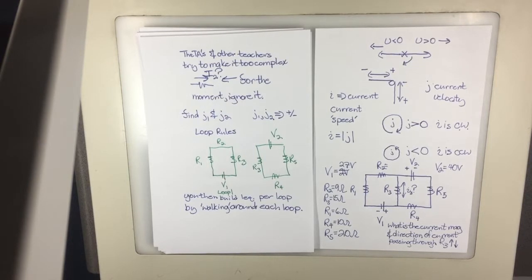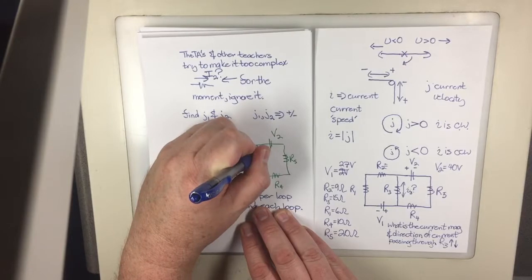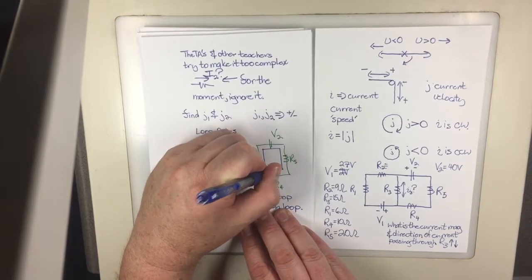We're going to build an equation for each of these loops. Over here, the loop looks like that. Over here, the loop looks like that.